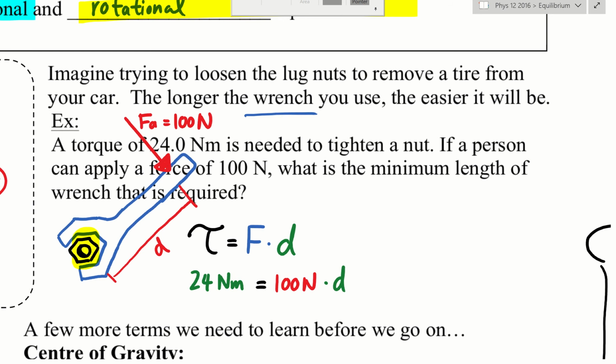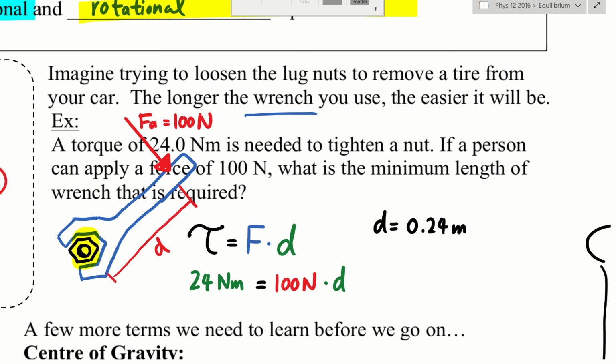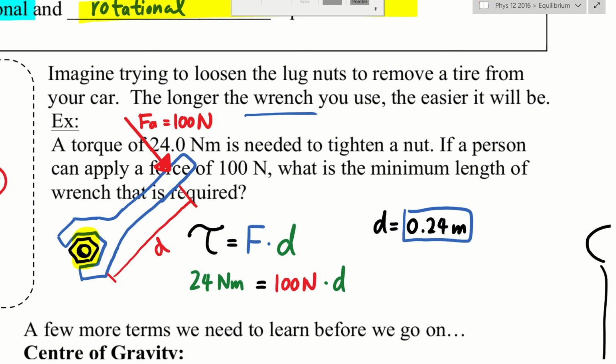So in this case, if you do your division, you will find out that the distance is about 0.24 meter. Okay, that's 24 centimeters. That means if your wrench is less than 24 centimeters long, you actually cannot even do the job.